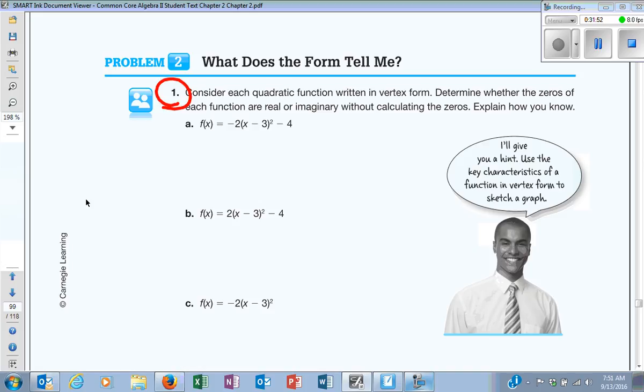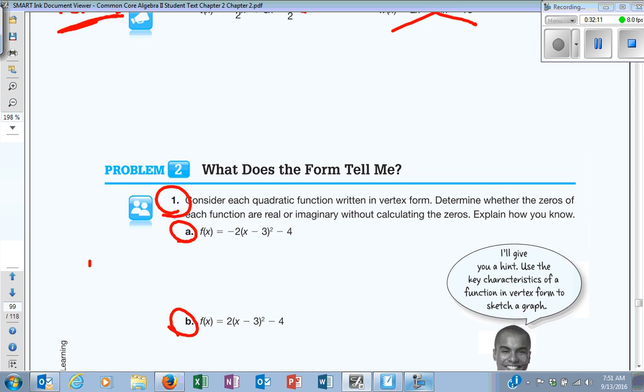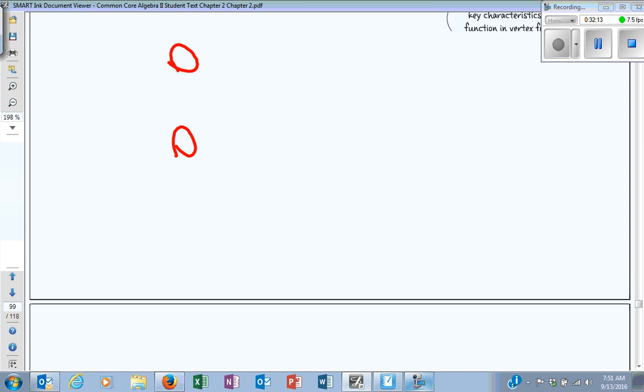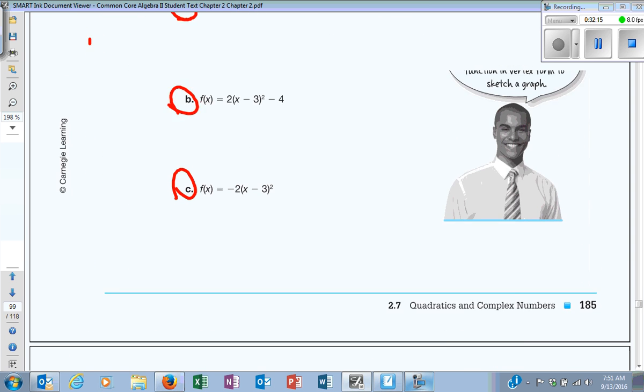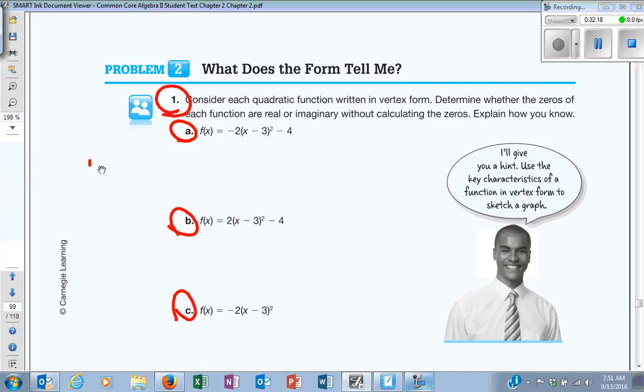Try this one for homework too. I'll do one with you real quick. Try number 1. Go ahead and see if you can get these done. This is problem 2, 1, and it looks like it's page 185. You should be able to do it with what I've given you. Use the hints of the characteristics.